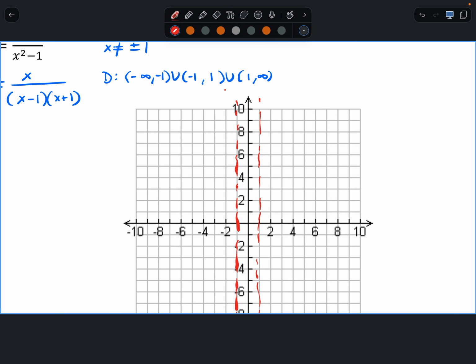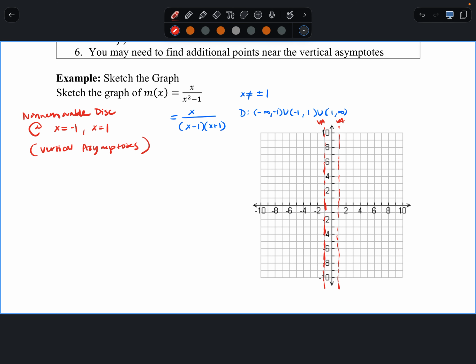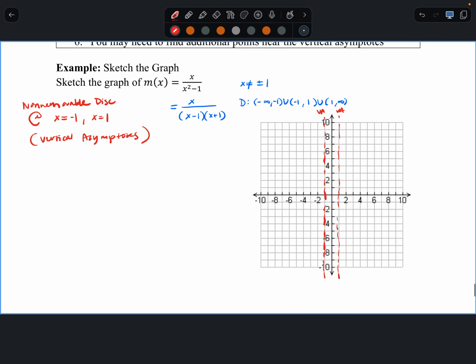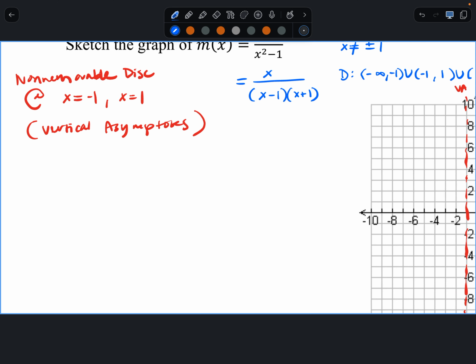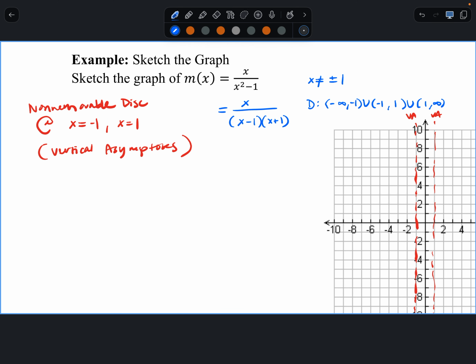But we can choose a value to the left of 1, like 0.99. If we plug 0.99 into the function, that would be 0.99 minus 1 times 0.99 plus 1.